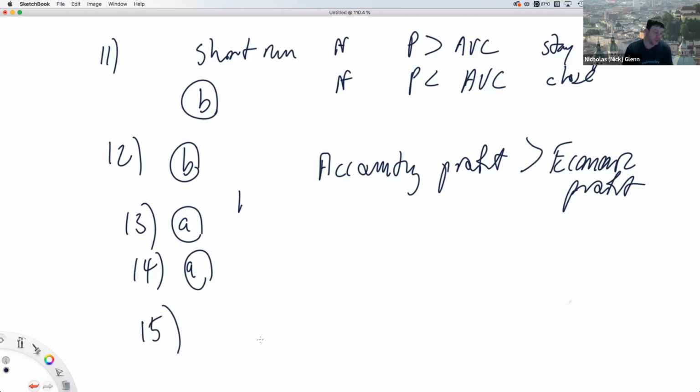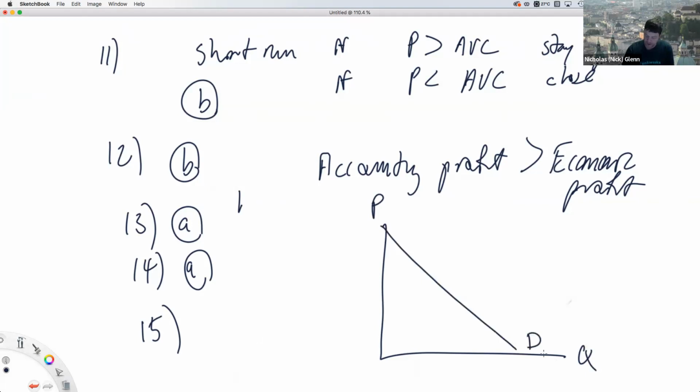15. In order to sell more of its product, a monopolist must, let's draw this out. Remember, the monopolist's demand curve is downward sloping. If their price is here and they want to sell more than this quantity, well, they need to drop it.